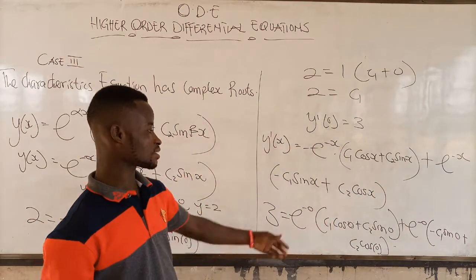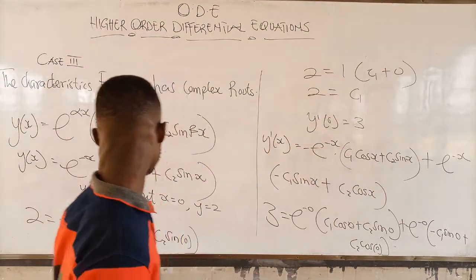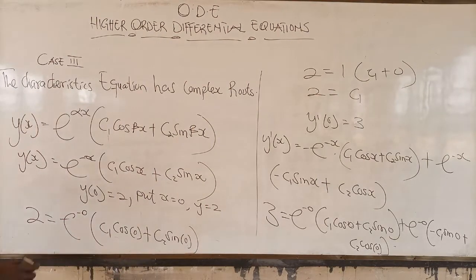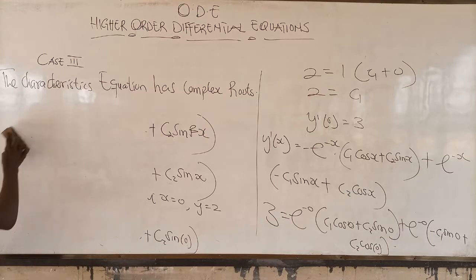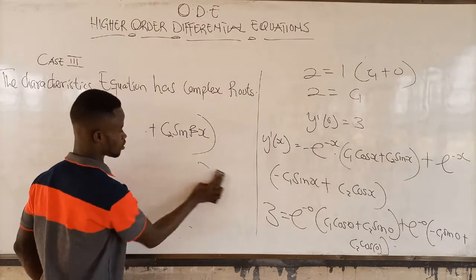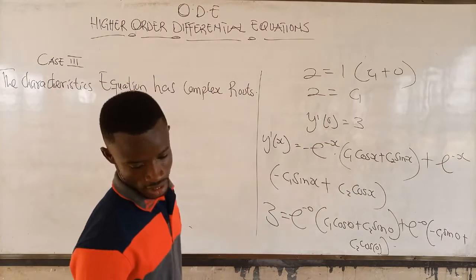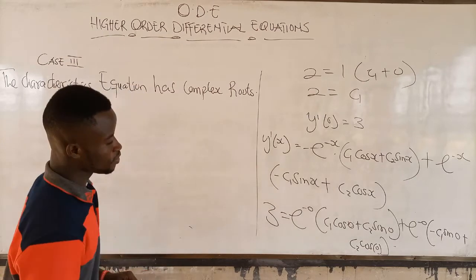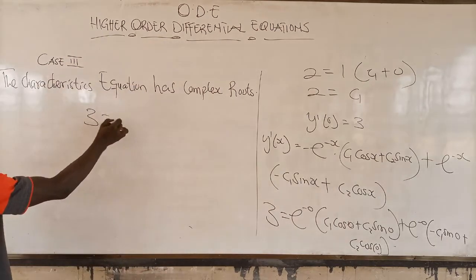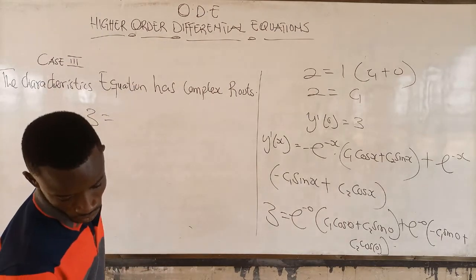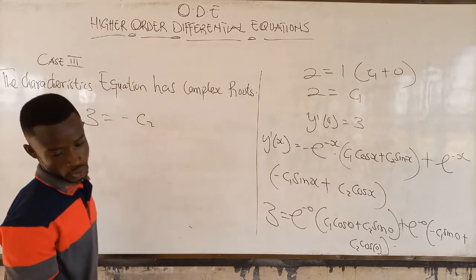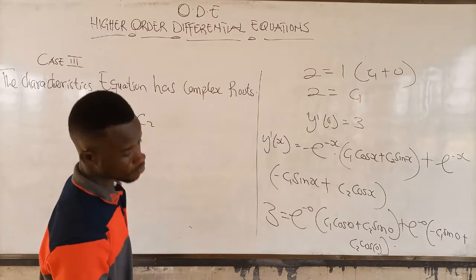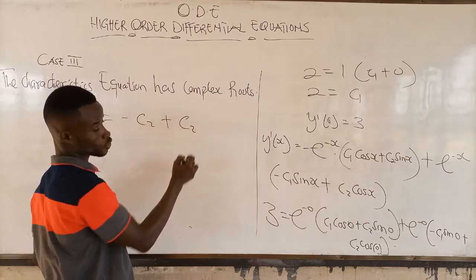Alright, so that is that for that. And this will be simplified to 3 is equal to negative C2 plus C2.